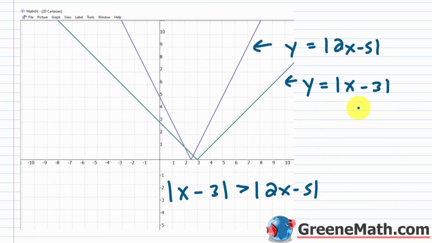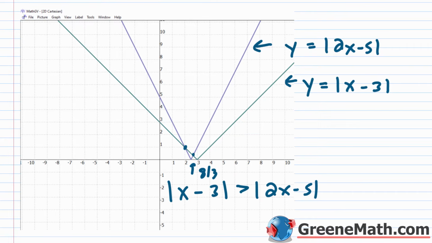So you're just looking at the graph of each and you're saying, hey, where is this green graph above this purple graph, right? So you can see here it's below, below, below, below, below, below, below. And you'll see that at 2, they're going to intersect. And they're also going to intersect at what is going to be that 8/3 that we talked about, or the 2 2/3. And then everywhere outside of that, it's going to be below.